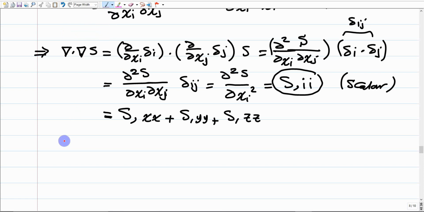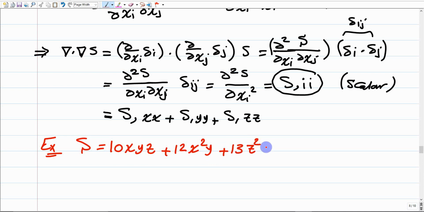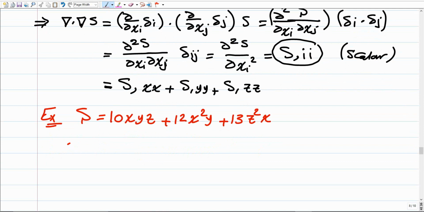Let us consider a very quick example. How about if we have this scalar field, S equals 10xyz plus 12x squared y plus 13z squared x. To find the Laplacian, nabla dot nabla, it is required to find the nabla dot nabla of s.